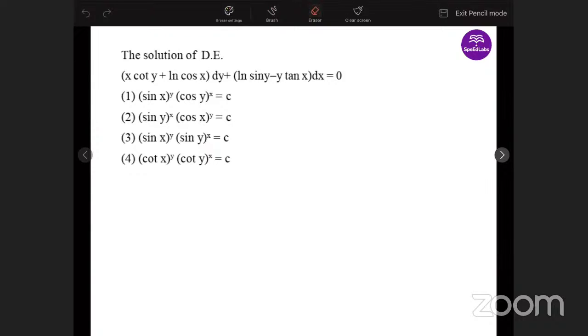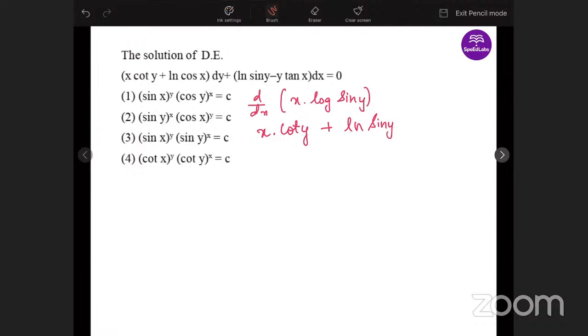So now tell me one thing, what will be the d by dx of x into log sin y? Divya, can you tell me what will be the derivative of x into log sin y? Yes, sir. Sir, by applying UV rule, we will get x into differentiation of log sin y, that is 1 upon sin y, and that x cot y, plus ln sin y.